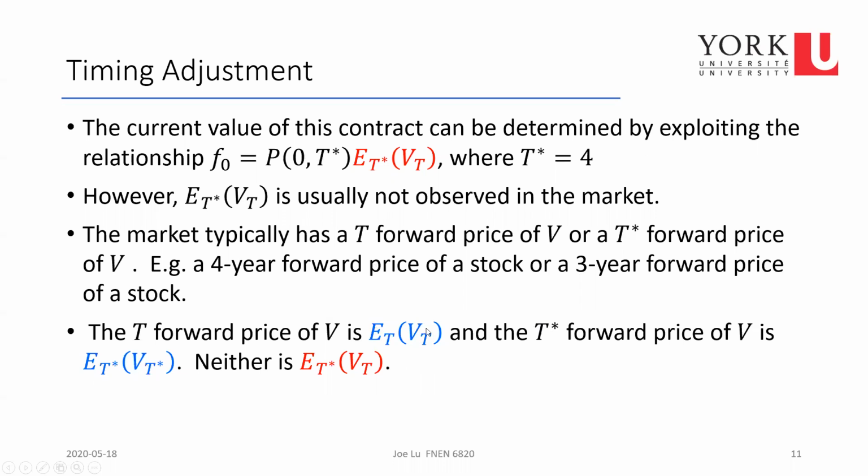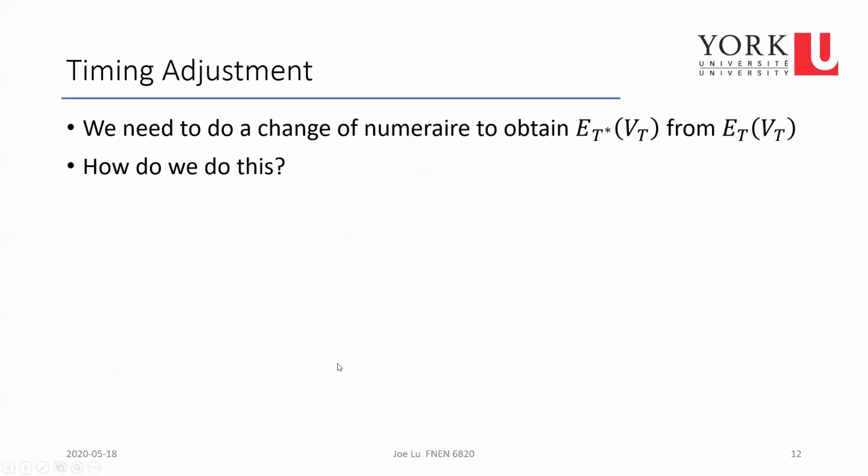So we have those two, but we don't have this, which is something we need. So we have to obtain this through an adjustment.